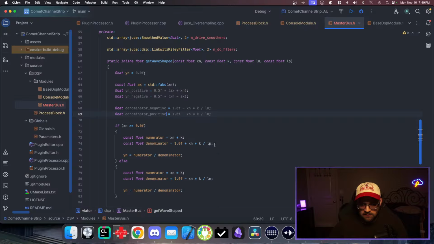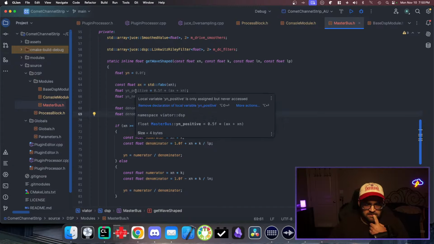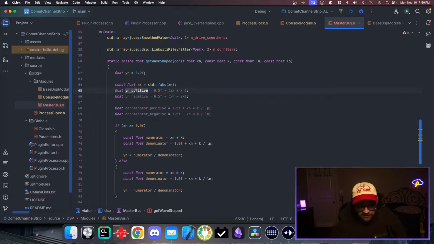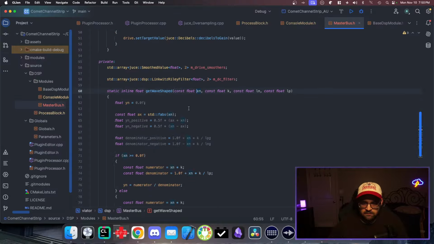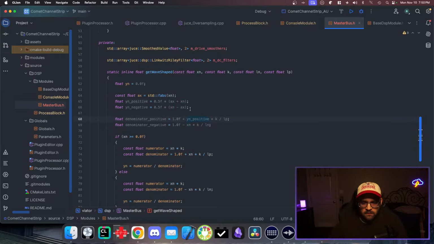Which is that, and that's this one. And I don't like putting negative on top of positive for some reason. We're going to do positive first. Okay. So also we need to do this, right? Oh. And then negative here. Good.